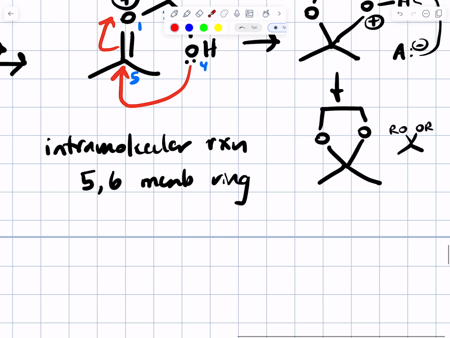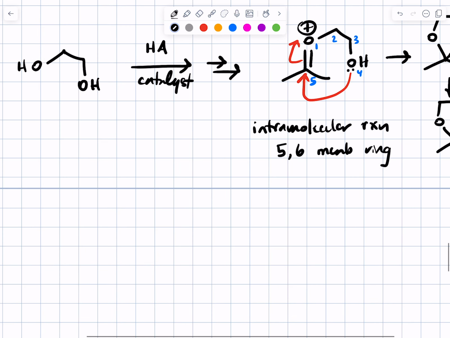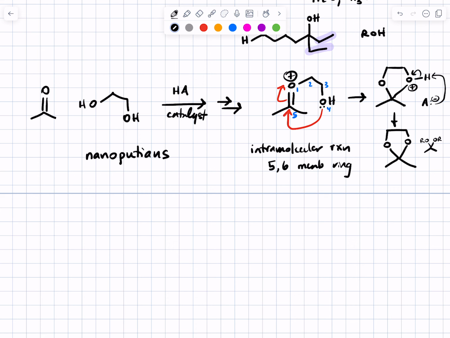And now with that, I'm going to send you to look for the Wikipedia article about nanoputians, because there's this whole field out there from about 15 or 16 years ago. A research group at Rice University, I think, wanted to get kids excited about chemistry.